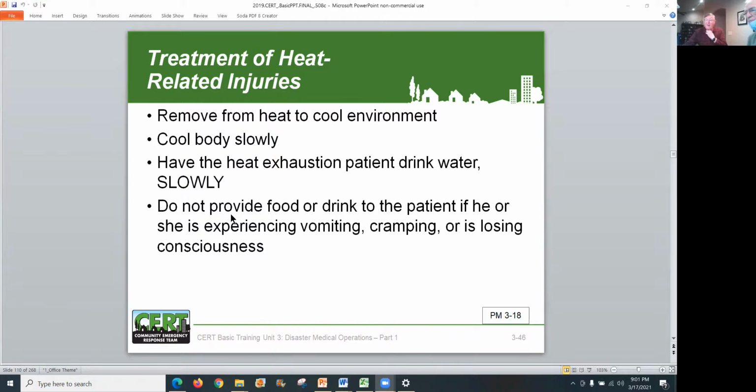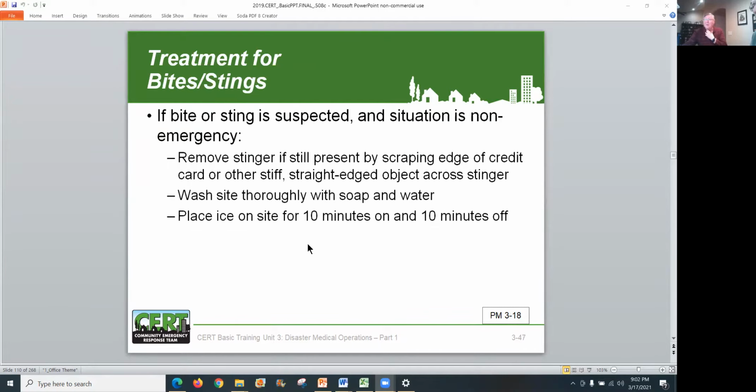It's not a party. Do not provide food or drink to the patient if he or she is vomiting. This is not a binge party. If they're cramping or losing consciousness, do not give them anything. You only give them water slowly if they're conscious and not vomiting or cramping.